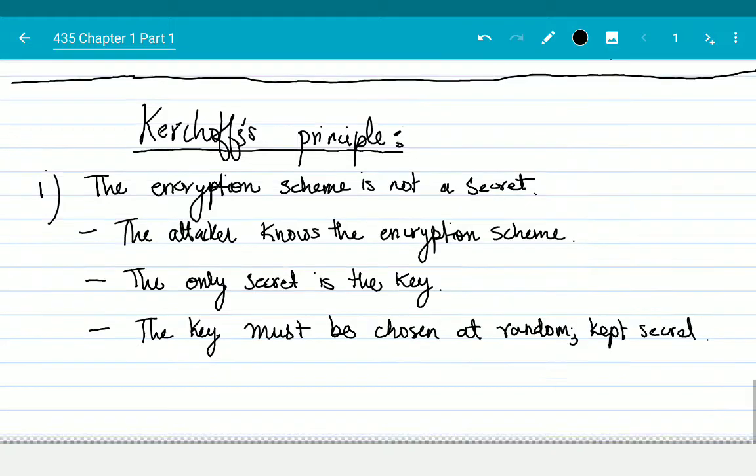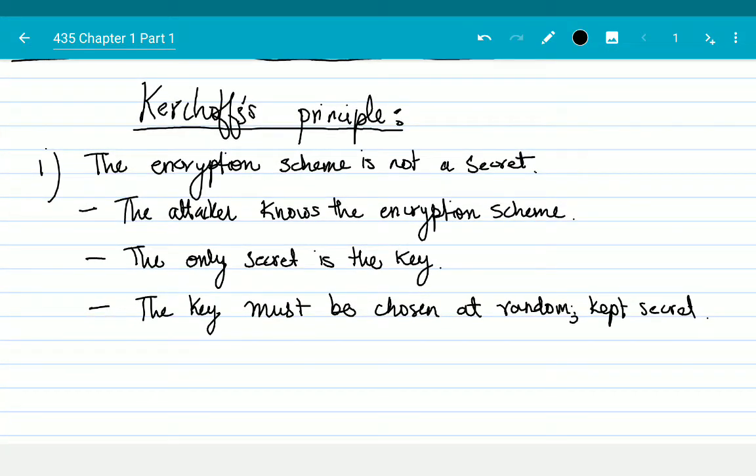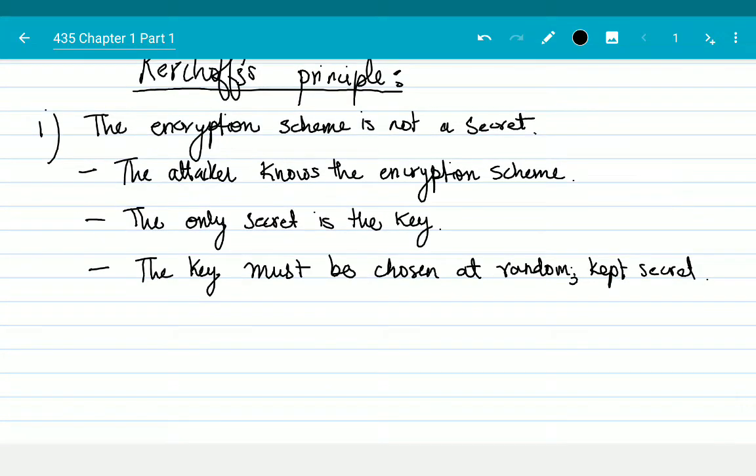Okay, so as I was saying earlier, there are two ways of making sure a message is safe. One, even if someone knows the key, you should hide your encryption system. Or two, even if someone knows the encryption system, you should hide the key. So Kirchhoff's principle says it is better to have the encryption system known and the key kept a secret rather than the key being known and the encryption system kept a secret.